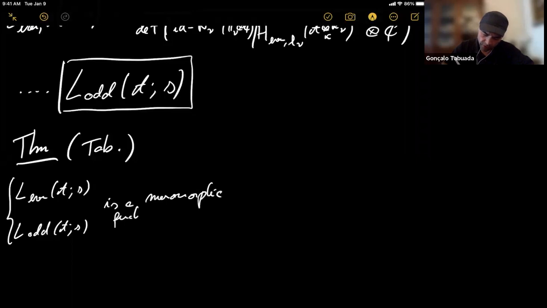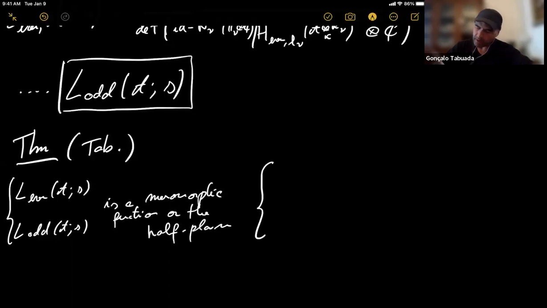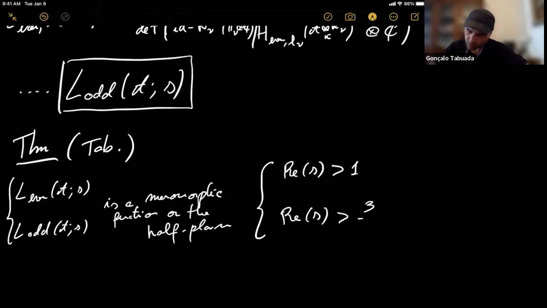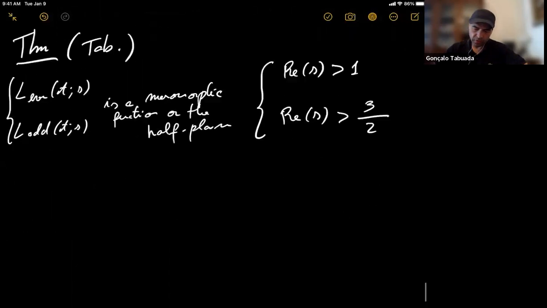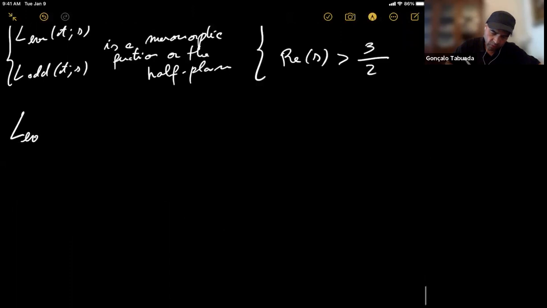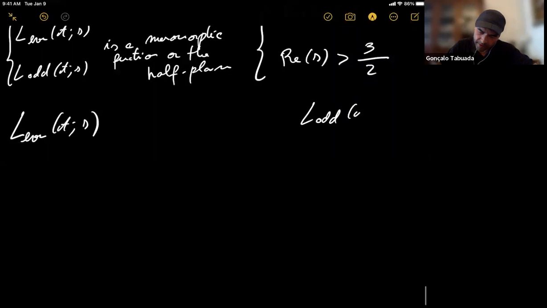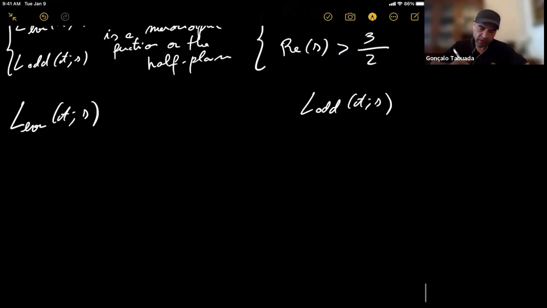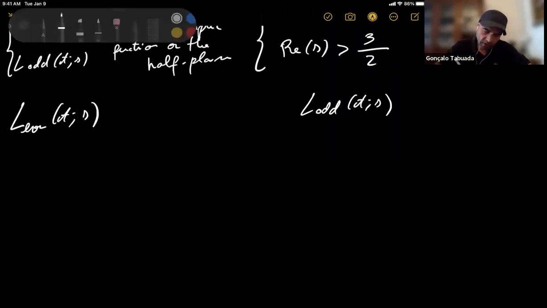It's a meromorphic function on this half plane, where the real part of s is greater than 1, and here where the real part of s is greater than 3 over 2. So let me make a picture about these two functions. So here I have the even one, and here I have the odd one. And so we can have the following picture.